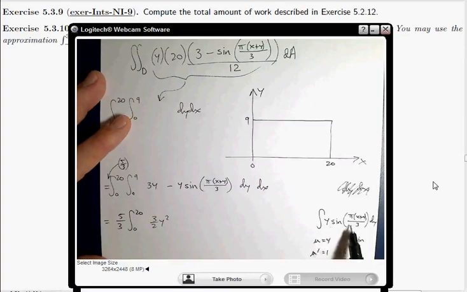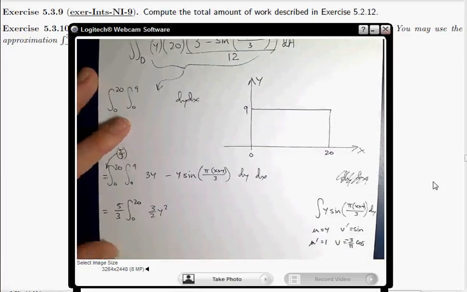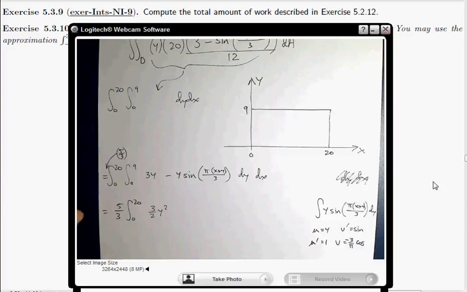But you also have to do a substitution, so you're going to kick out an extra factor of 3 over pi, I claim. So you get 3 over pi times negative cosine of that stuff. Is that right? Antiderivative of sine is negative cosine. Yeah, I believe that's right.